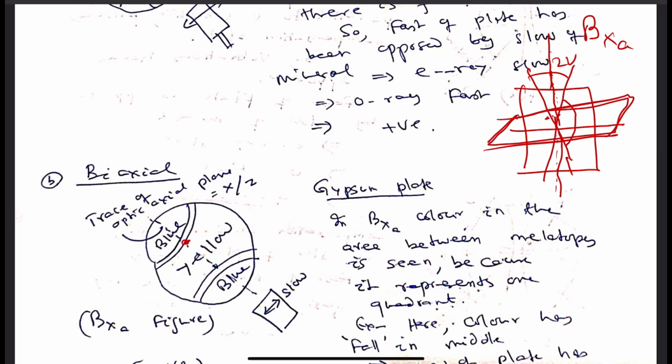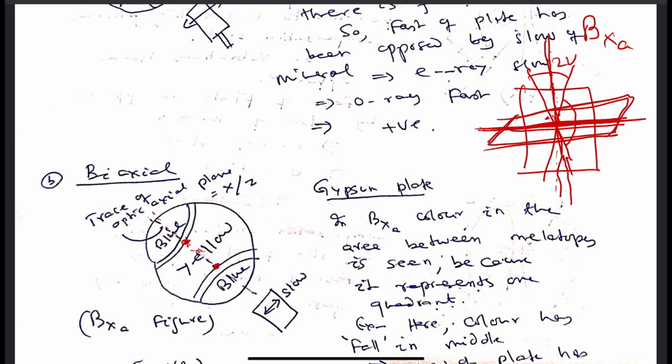So here these are the two optic axes or the melatopes, and this is the bisector of the acute angle. So here the bisector is perpendicular to the plane of this paper, and this direction indicates this X.